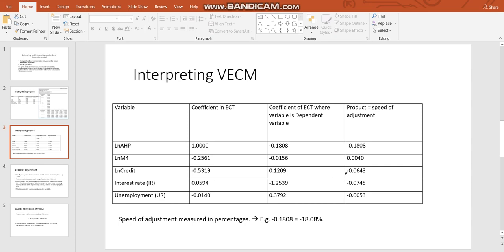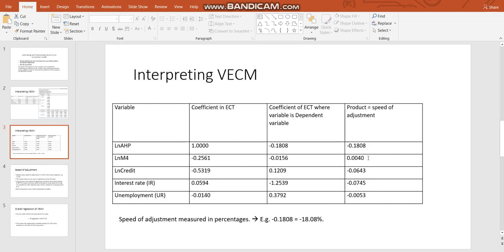Obviously these are statistically significant as well at the 5% level, because they're less than minus 0.05. The same for the interest rate. This has the right sign, but it's not statistically significant at the 5% level.